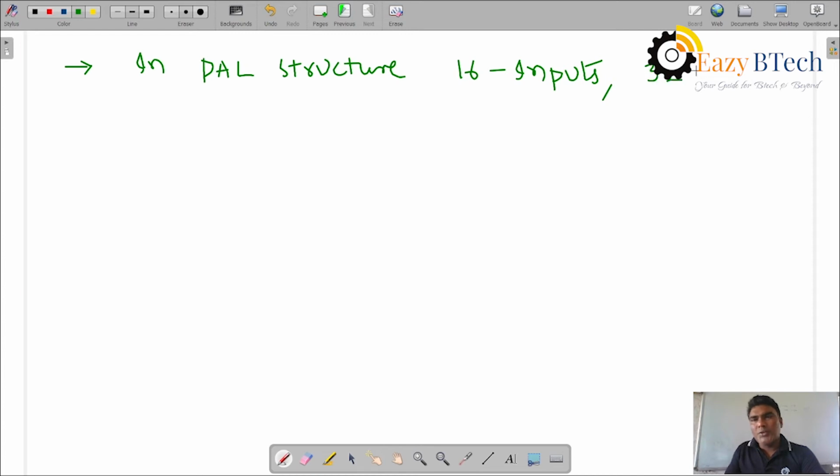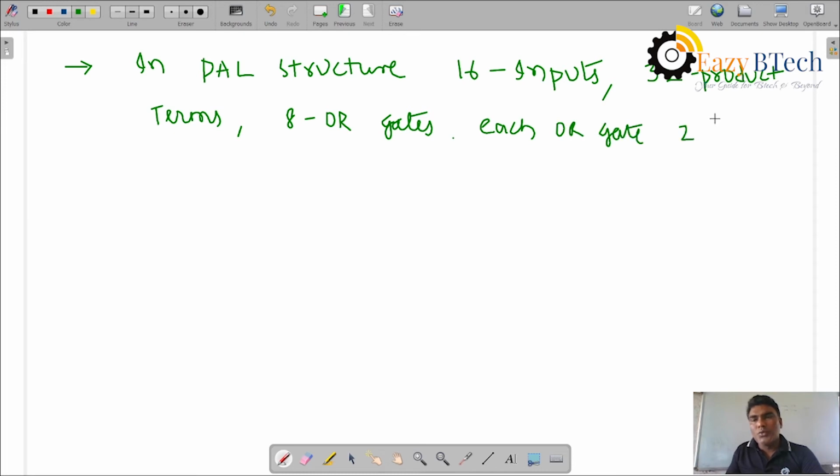You can take the same 32 product terms, AND gates, and we can take 8 OR gates. Each OR gate can be taken.